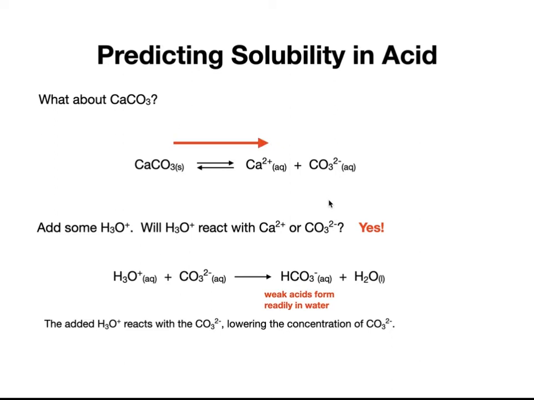It's going to shift to the right, and more of the solid dissolves. The solubility of the calcium carbonate increases. So adding an acid to this salt will cause it to dissolve.